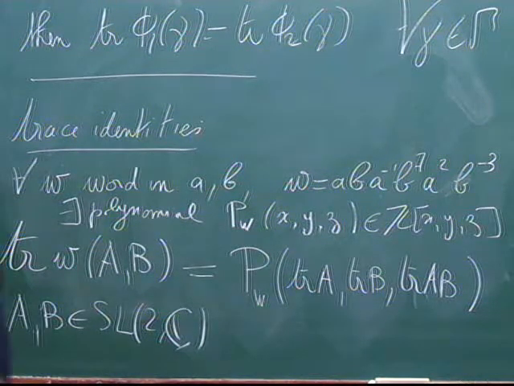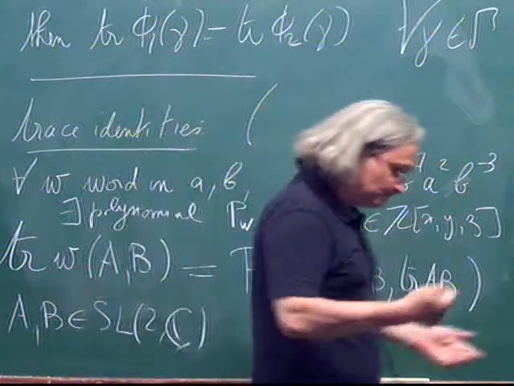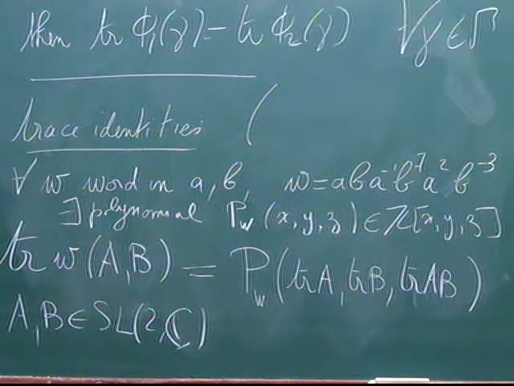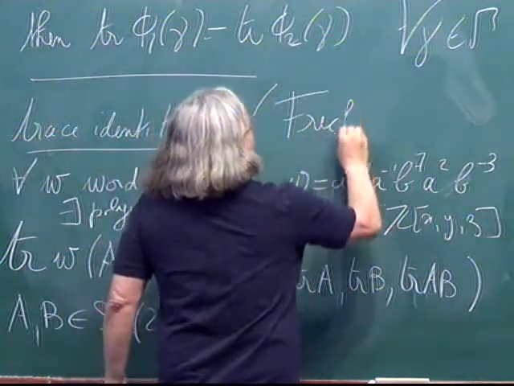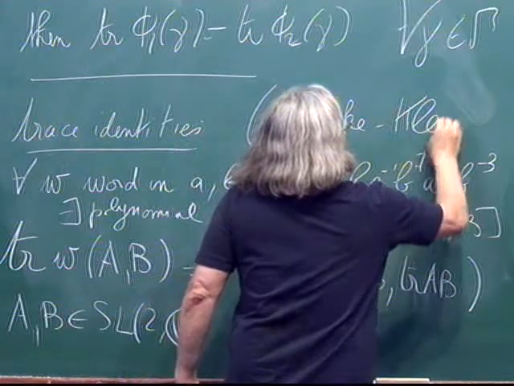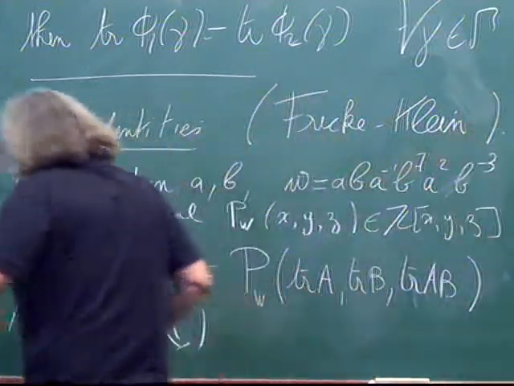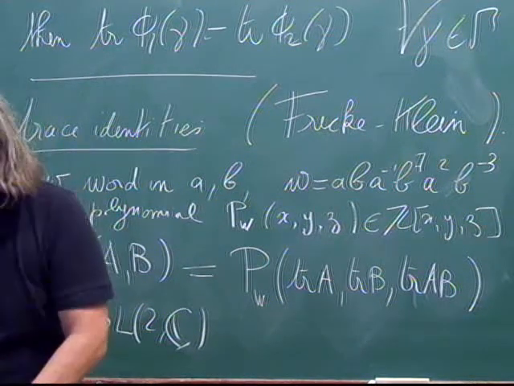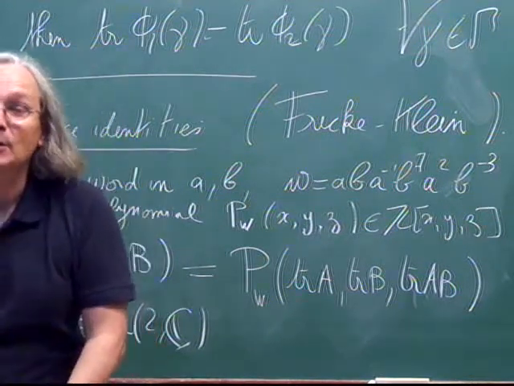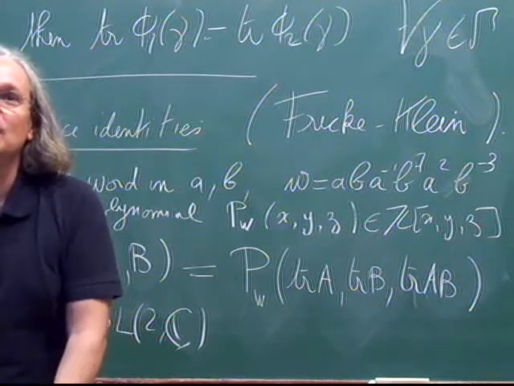Okay, one can find that explicitly in this classical book by Fricke and Klein. This book by Fricke and Klein was published, I forgot exactly when, but it was an attempt by Klein later to claim that he did everything without Poincaré.